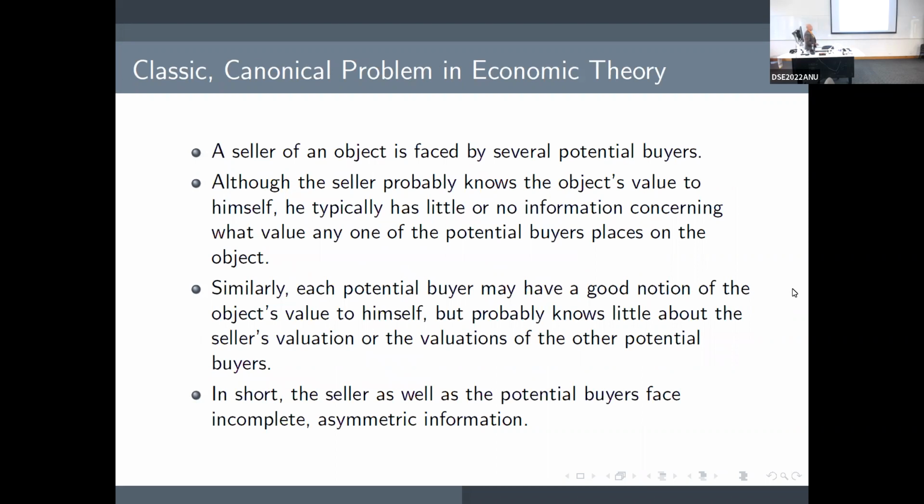So the canonical problem to all economists is, how do you sell something? You're a seller and you have an object, and you can do it in a number of different ways. What makes the problem difficult is that you may know what it's worth to you, but you have very little idea about what the potential buyers think about it. You would like to construct a mechanism so that you as the seller could get the most. But the existence of this asymmetric information makes that impossible.